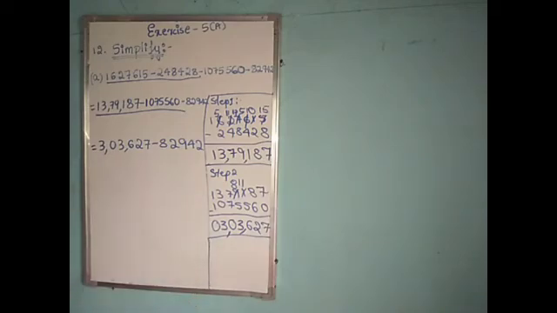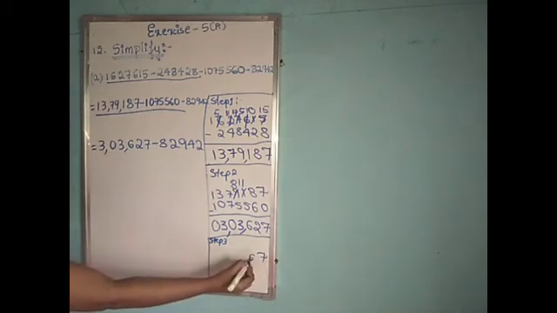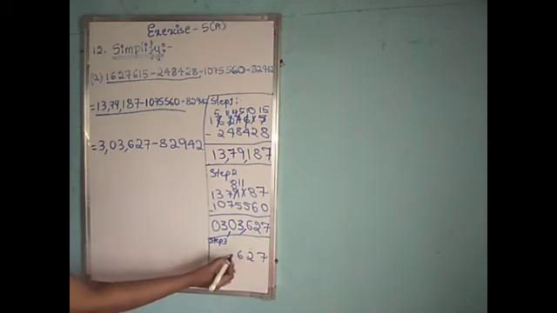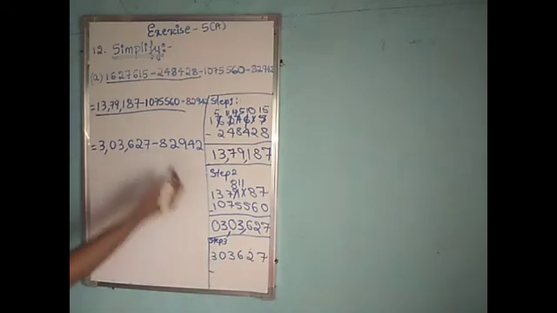In the third step, we have to subtract 82,942 from 3,03,627. Step 3. First, we should write 3,03,627. So, 7, 2, 6, 3, 0, 3 minus 82,942.